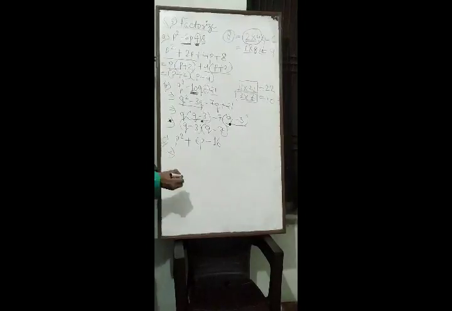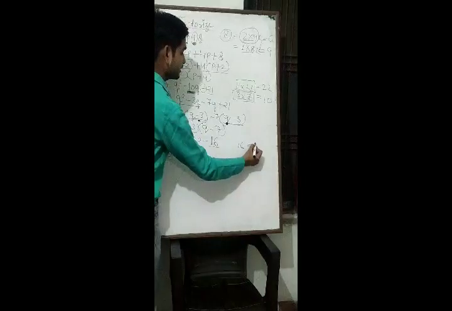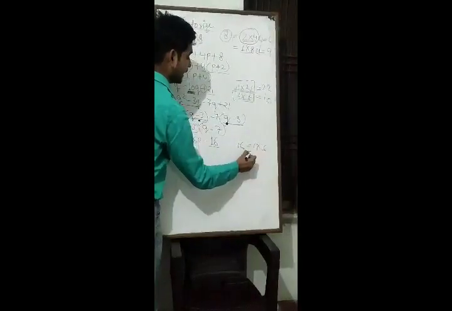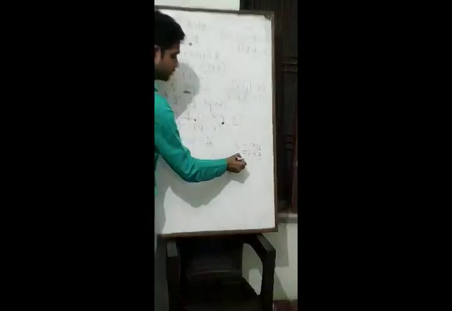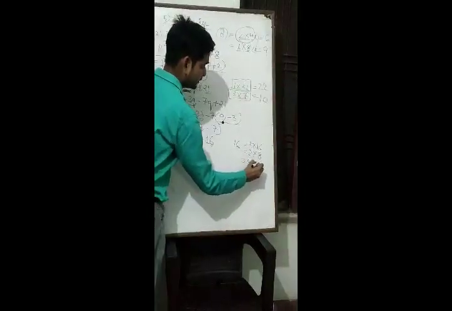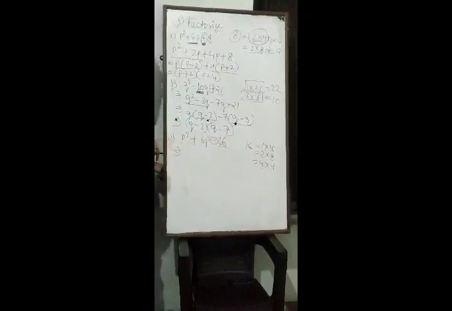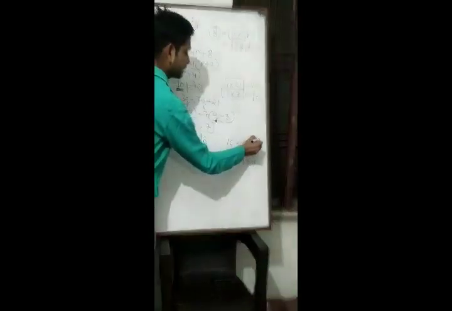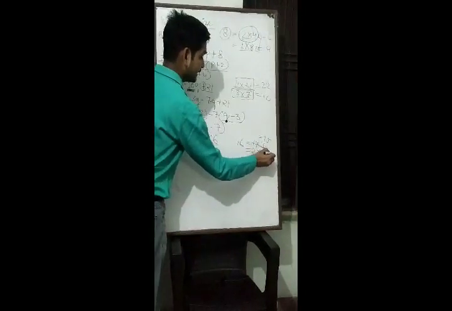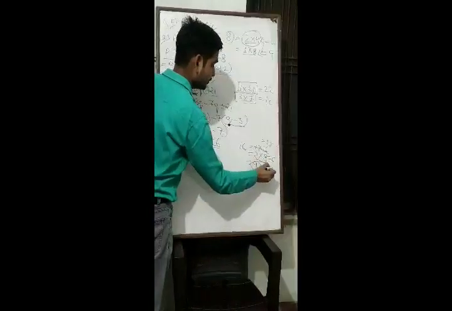Let's see the last part. 16 is here. The factors of 16 are 1 into 16, 2 8s are 16 and 4 4s are 16. So student, what sign is here? Minus. 16 minus 1 will be 15. 8 minus 2 will be 6 and 4 minus 4 will be 0.